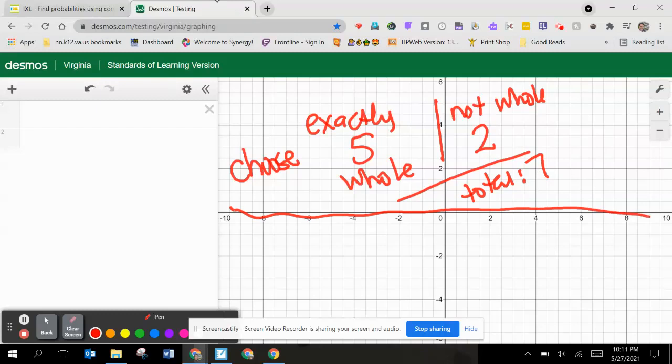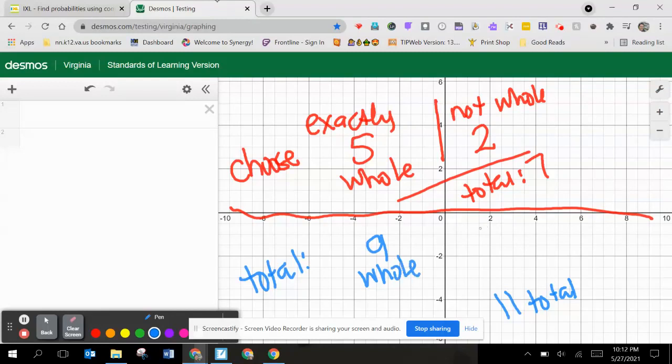Now, there's also the total number of cartons of milk. So we have our maybe grand totals. So there are 11 total milk cartons. 9 of them are whole milk, which means that 3 of them are not whole milk.